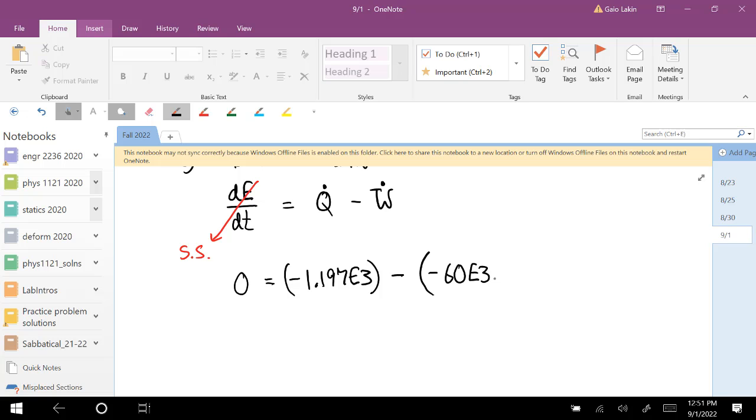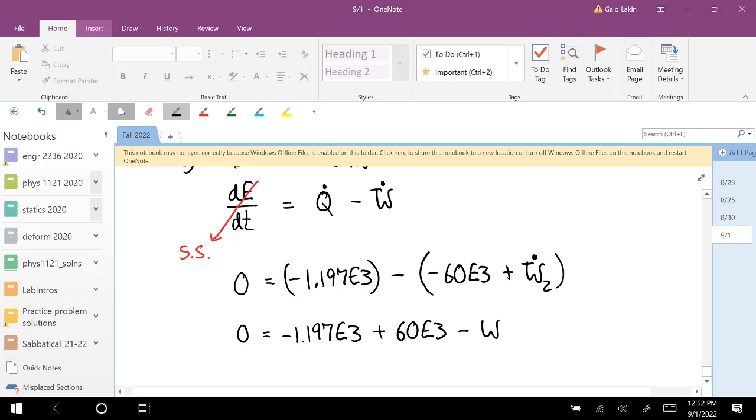And then what about W2? Do we expect that to be positive? That one then should be positive. That's right, that one's positive. And that's W2 dot, differential form. So we have 0 is equal to negative 1.197 times 10 to the third plus 60 times 10 to the third minus W2 dot.